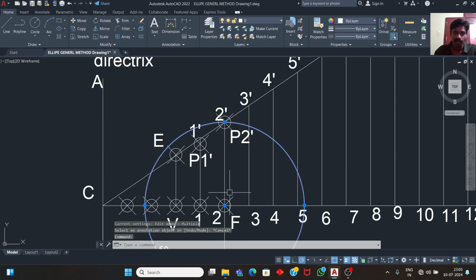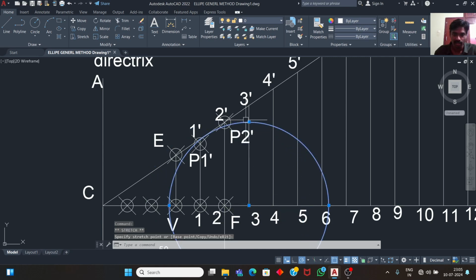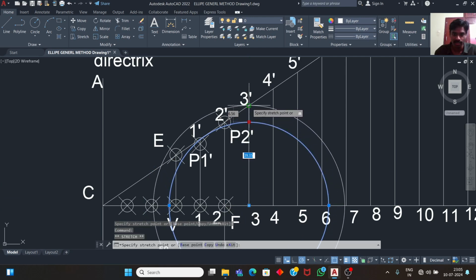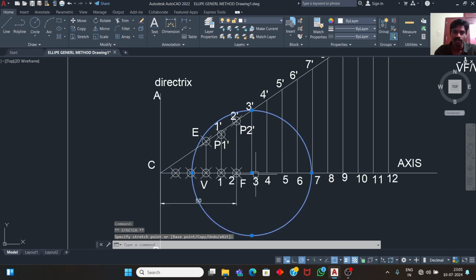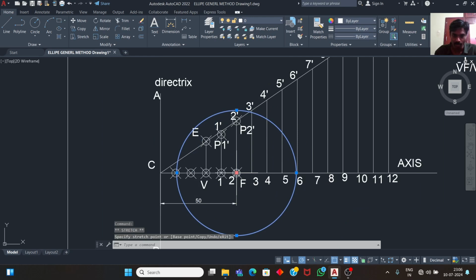Okay, next point, that is 3 as the center, 3 dash as the radius. Draw the circle and move the circle to the focus. So each and every radius, we need to move to the focus.